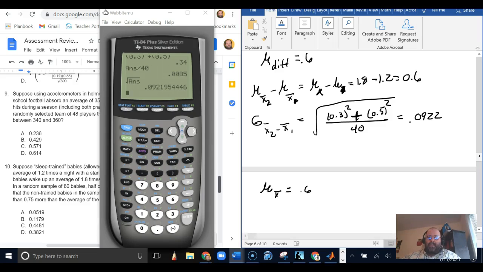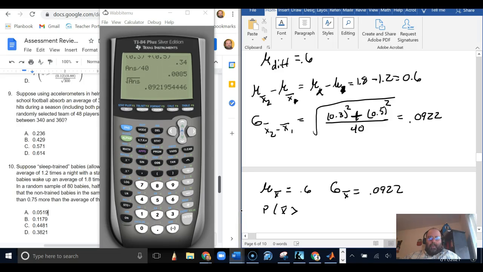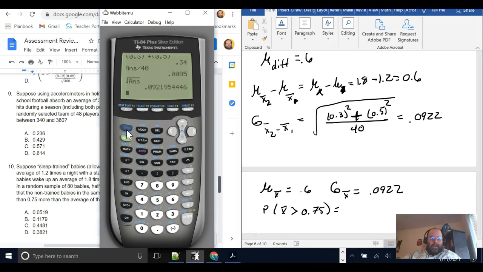All right, so kind of playing this out, I'm going to say mean of my x bars is going to be 0.6. The standard deviation of my x bars is going to be 0.0922. And I want to know the probability that x bar is actually more than 0.75, right? So we use normal CDF.